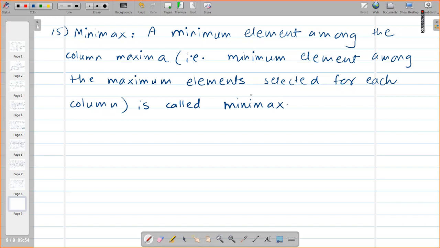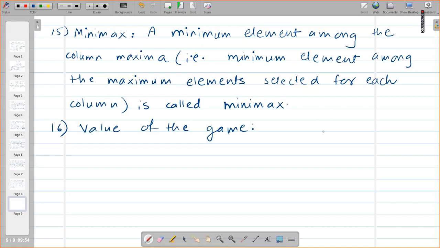Only two or three more things we have to write. Value of the game: this is what we are going to find every time, whether it is a two-person zero-sum game of 2x2 order, pure strategies or mixed strategies game.